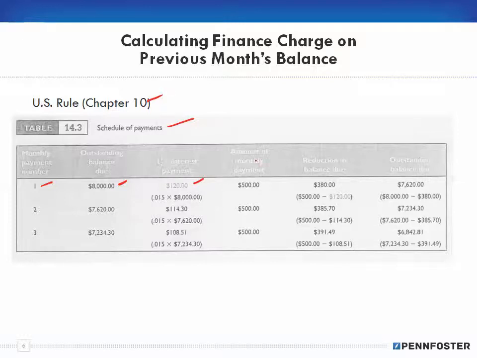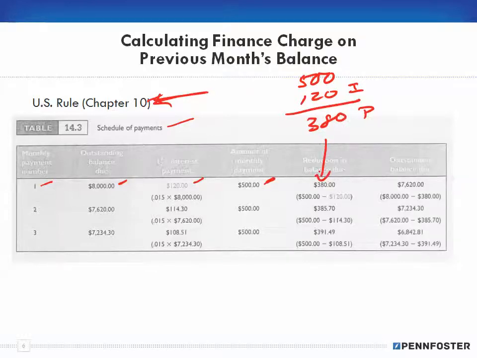Now, the amount of the monthly payment is $500. Well, remember, due to the U.S. rule, we have to pay off the interest first, and the remaining amount goes into the principal. So if my payment was $500 and $120 goes against interest, then the remaining $380 goes against the principal, and that's what you get in this column here.